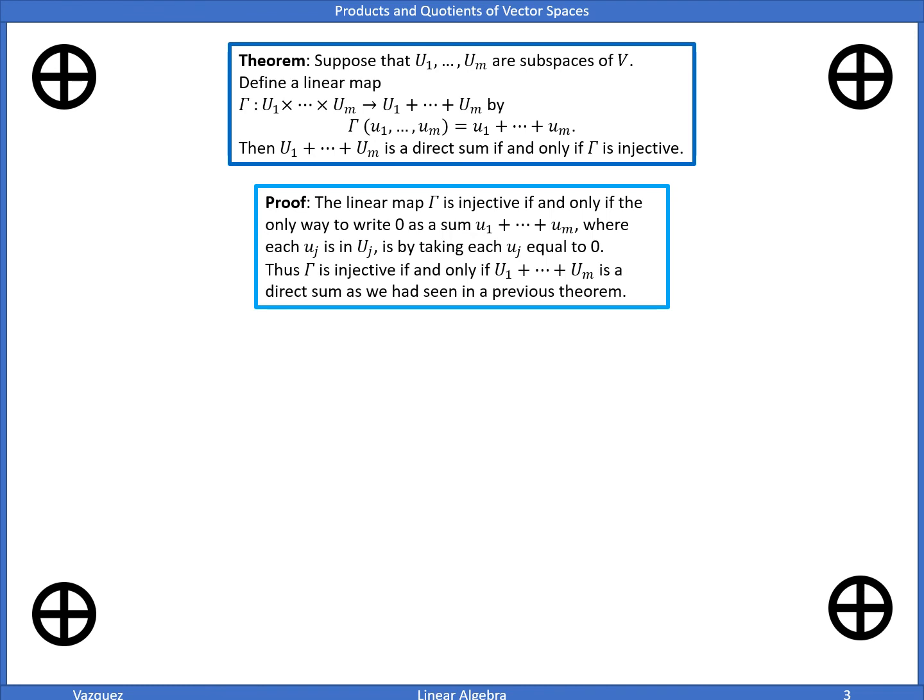So then it's injective if and only if the sum of the vector spaces is a direct sum, because that's a condition from the direct sum, if we recall. And therefore, our theorem holds: our mapping is injective if and only if the sum of the vector spaces is a direct sum.